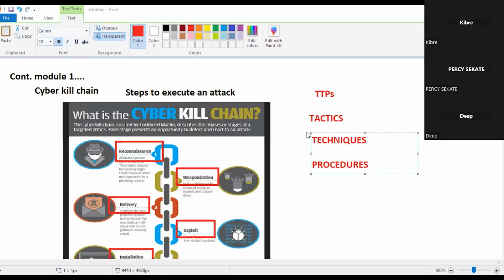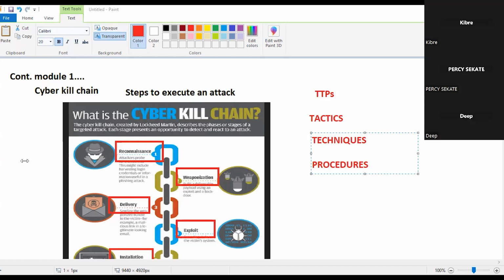So the proper TTPs are used to follow the cyber kill chain. Techniques and procedures are really important to follow. Again, tactic means the strategies and planning which we decide for an attack to execute it.